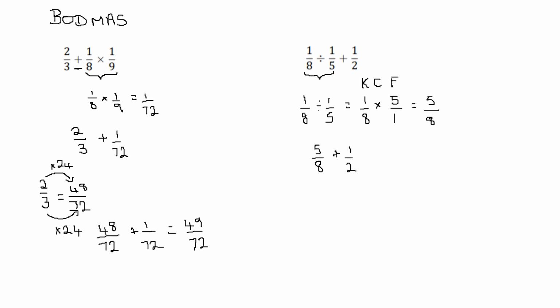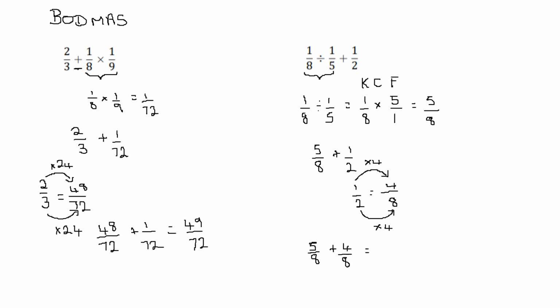I'm going to need to turn my half into something over 8, because remember that I can only add and subtract fractions where the denominator is the same. To get from 2 to 8, I need to multiply by 4. Let's do the same on the top. Multiply by 4. 1 times 4 is 4. So then we're going to do 5/8 and add 4/8.